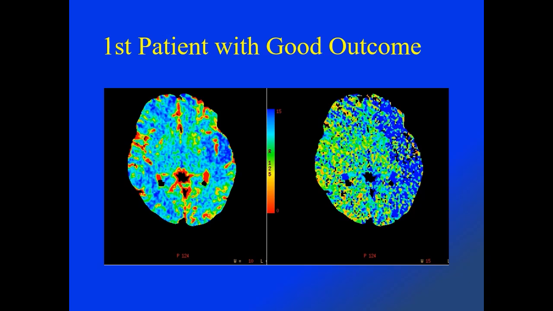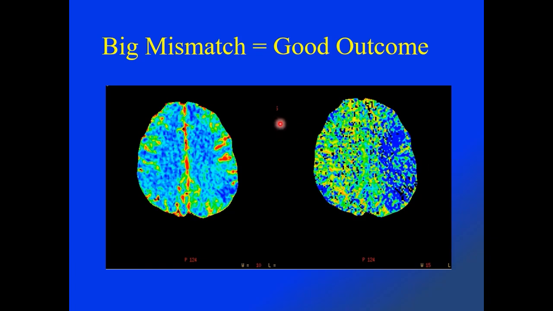In the first patient with a good clinical outcome, patient had a relatively small core infarction as defined by the cerebral blood flow color maps, with a large area of ischemia on the Tmax map, suggesting there was a large area of salvageable ischemic penumbra. This big mismatch resulted in good clinical outcome following a successful recanalization.